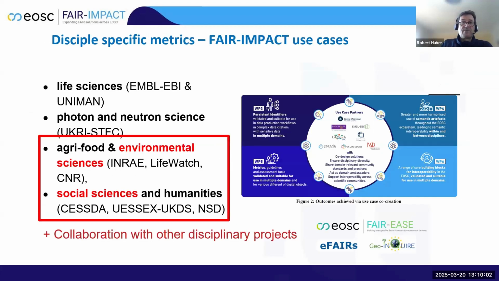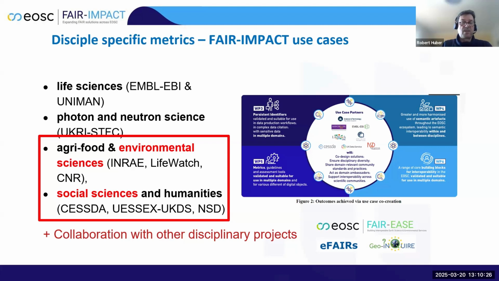So FAIR-IMPACT is designed around dedicated use case partners from various disciplines, life sciences, and so on. Initially, we focused on social sciences and humanities, which was the community or use case defined in the description of work. So this was an obligation.